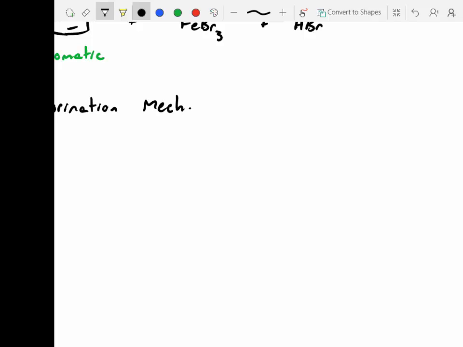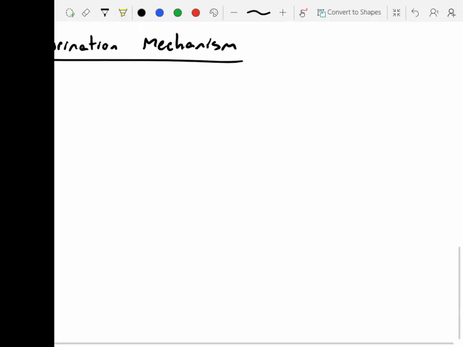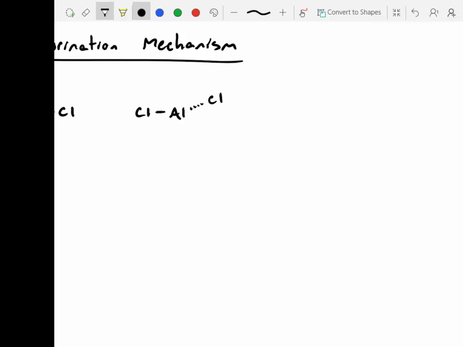Let's look at the chlorination mechanism. The chlorination mechanism is also very, very similar, except this time we've got chlorine gas instead of bromine. And what was the metal that we used this time? Aluminum. So we've got aluminum trichloride. It's a very, very good Lewis acid.